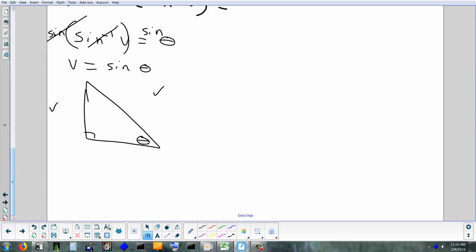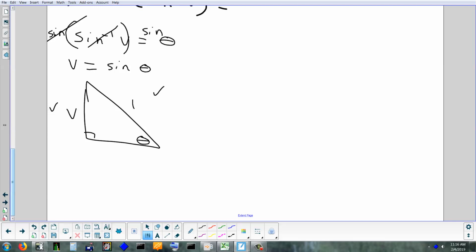But I already know what the answer should be. When I divide the opposite by the hypotenuse, I should get V as the answer. So what could I make the opposite? And what could I make the hypotenuse? 1 and V. And which one do you want to be V? Opposite. All right. And that makes 1 the hypotenuse.